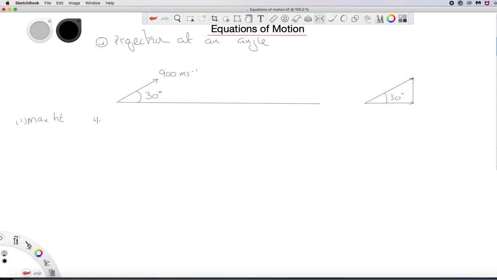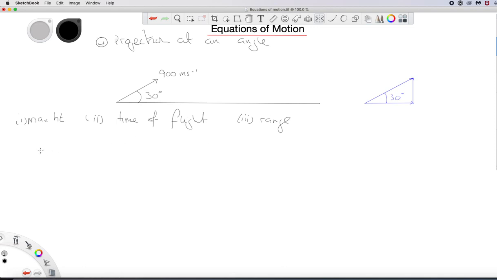We want to know the time of flight. And we want to know the range. We could also be looking at the velocity on return, but I'm just going to do these three here.